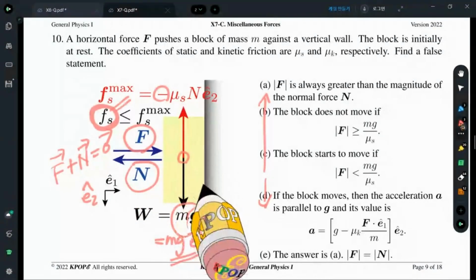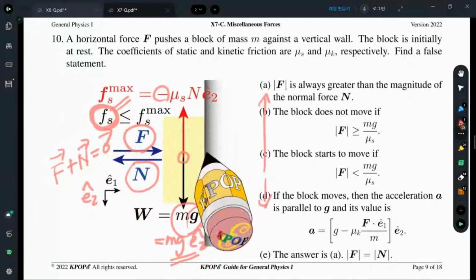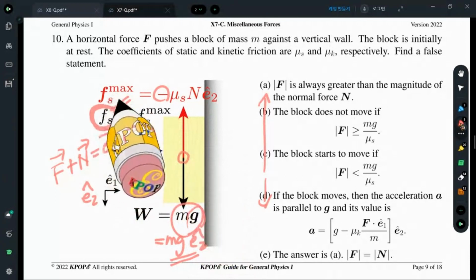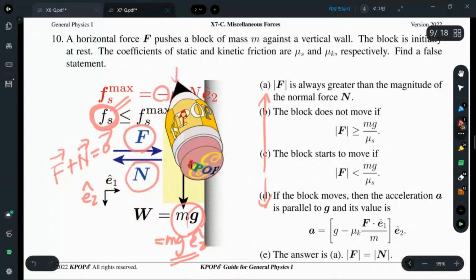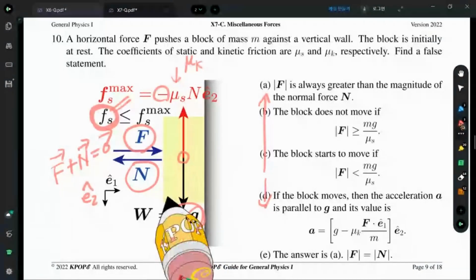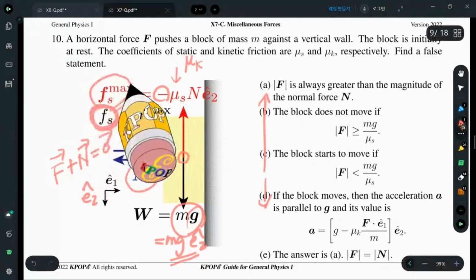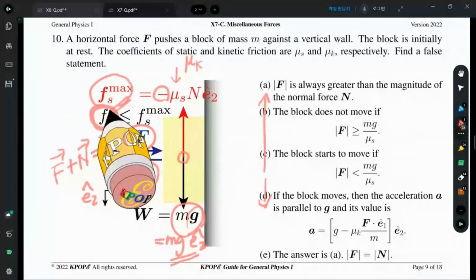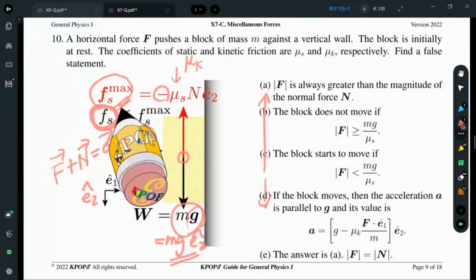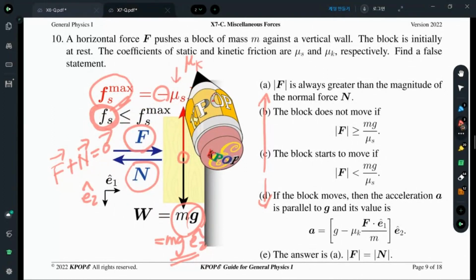If it is sliding down, the frictional force is going up, and because it is moving, it should be replaced with the kinetic frictional force, and in that case, we have to replace this one with mu k instead of mu s. And mu s is used only when the maximum value is achieved. And this maximum value of the static frictional force is slightly greater than the kinetic frictional force that is constant in magnitude.